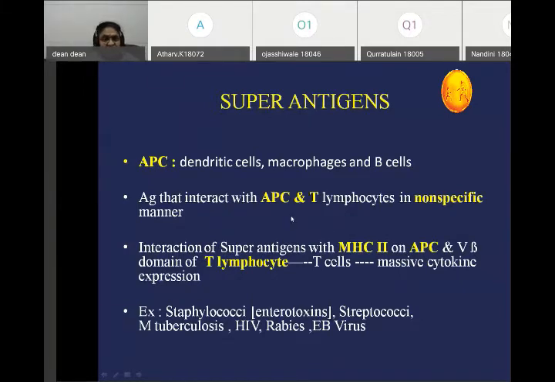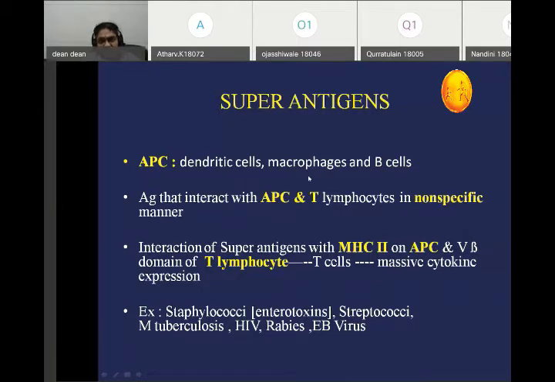In this case, an interaction occurs between superantigens and the MHC class II molecule on antigen presenting cells and variable domains of T lymphocytes, leading to non-specific stimulation of a large number of T lymphocytes, leading to release of large quantities of cytokines. These superantigens can be found in Staphylococci, Streptococci, Mycobacterium tuberculosis, bacteria or HIV, rabies, and Epstein-Barr virus.